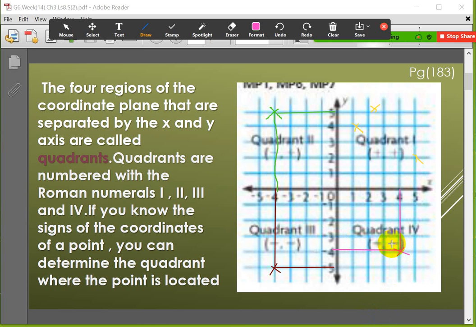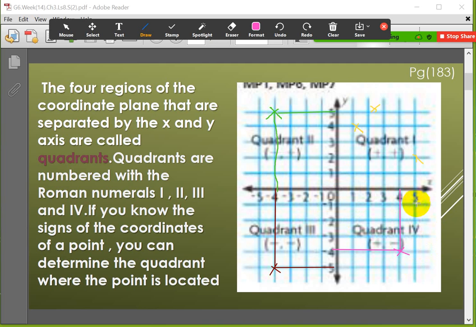Look, the x is positive on the right side and the y down is negative. That means all the points in this quadrant have positive x and negative y. So if any point has positive x and negative y, you know that this point is located in the fourth quadrant.